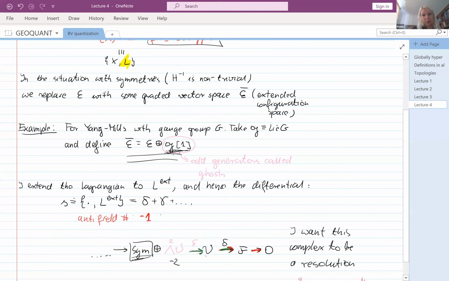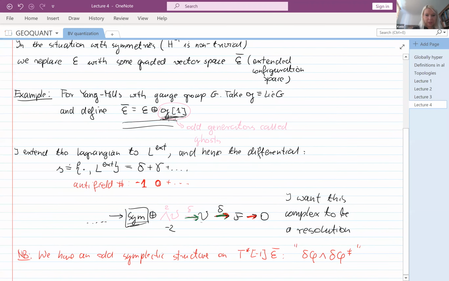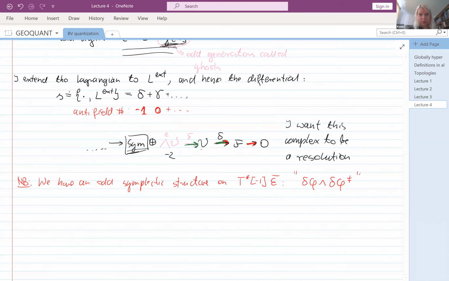And the second term is degree 0. And potentially you can have higher order terms in antifield number. But the basic structure is that you have a differential in degree -1, a differential in degree 0, and you can actually write this as a bicomplex, and S is the total differential.